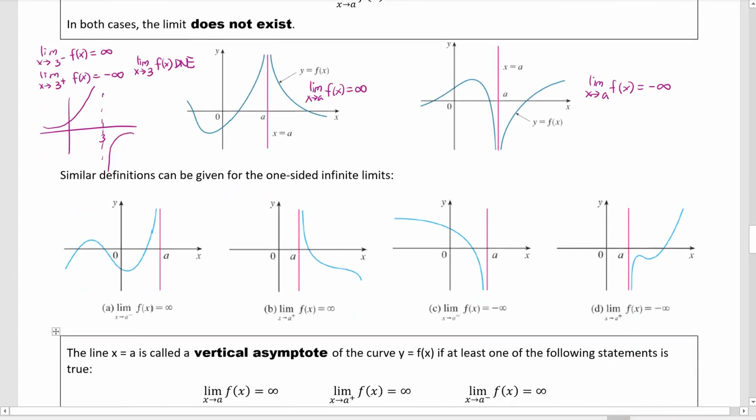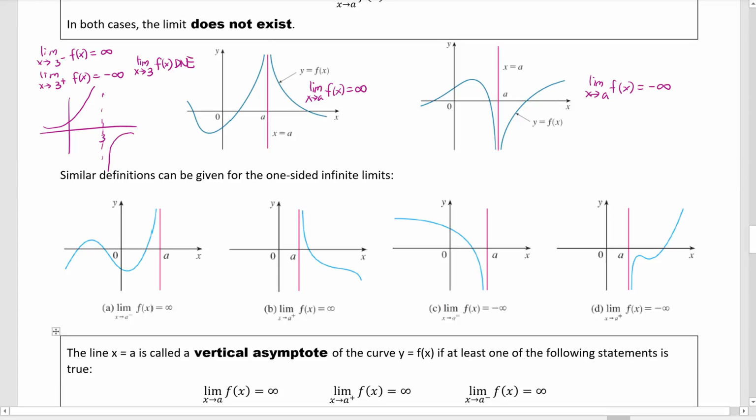Similar definitions can be given for one-sided infinite limits. In this case, when x is getting close to a from the left, if y goes to infinity, the limit from the left is infinity. In this picture, x is getting close to a from the right-hand side, and y goes to infinity.